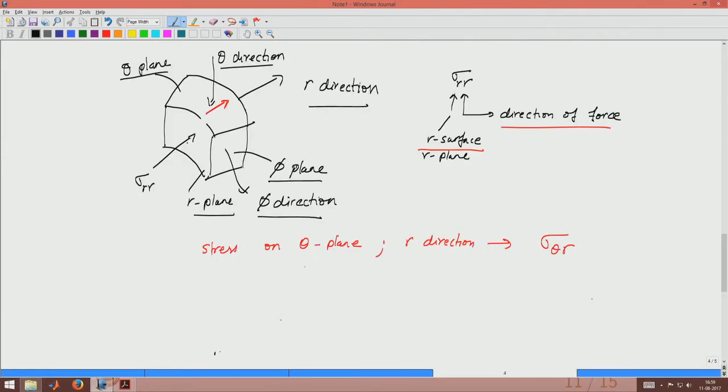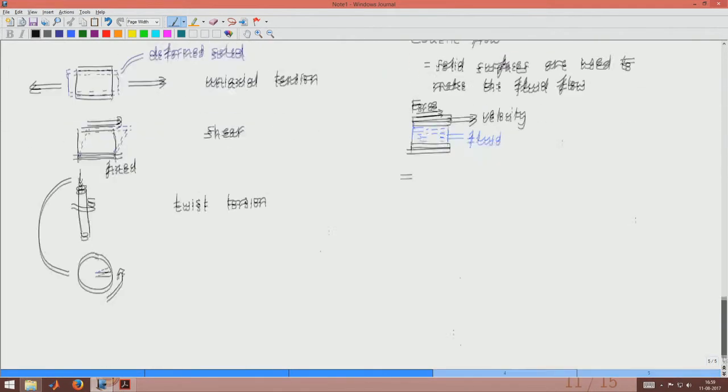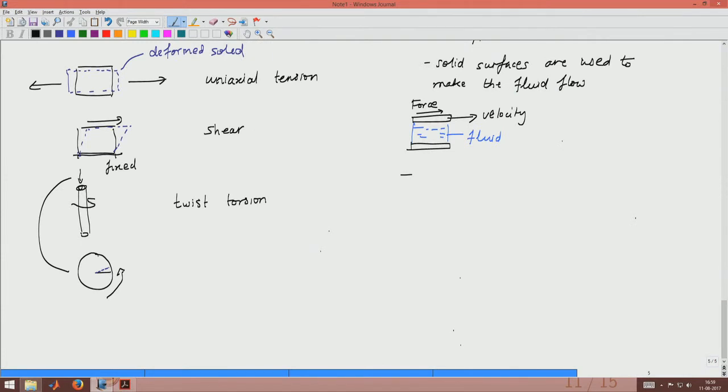We also have Poiseuille flow, in which case we have fluid being pushed because of a pressure gradient.